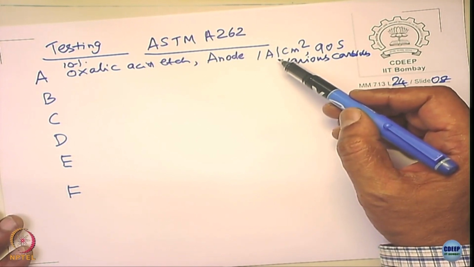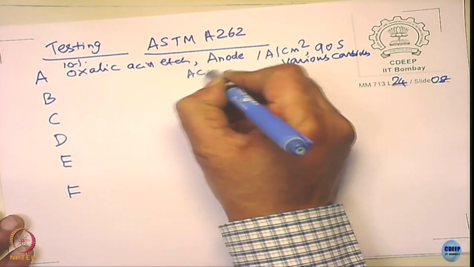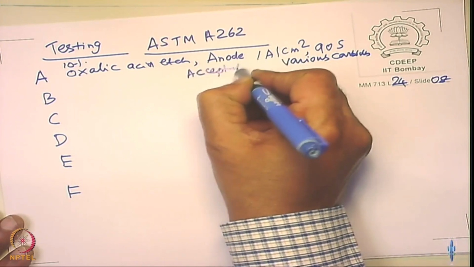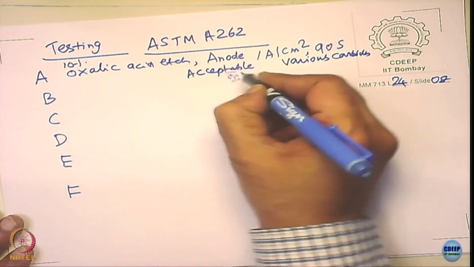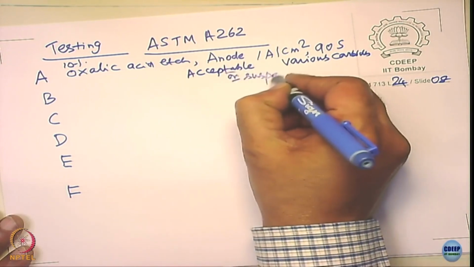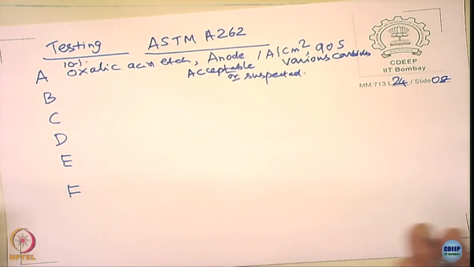And this one talks about acceptable or suspected. Acceptable means there is no sensitization.